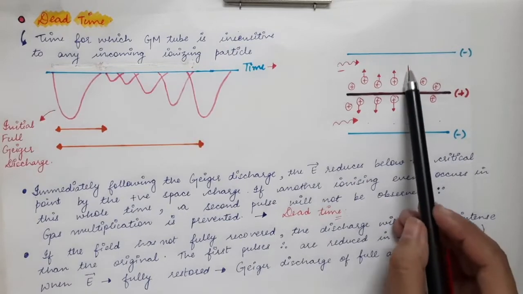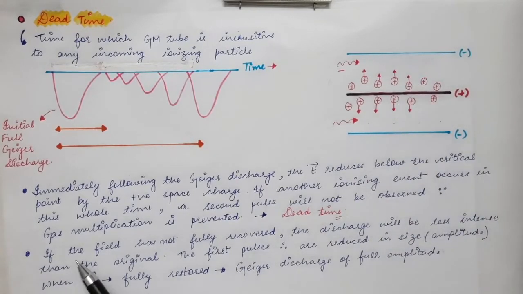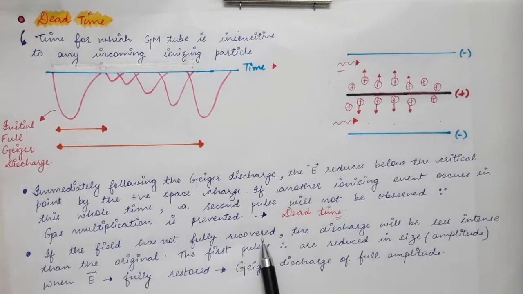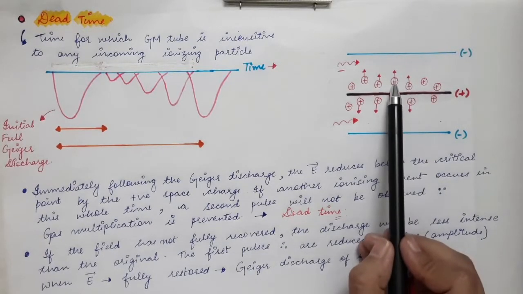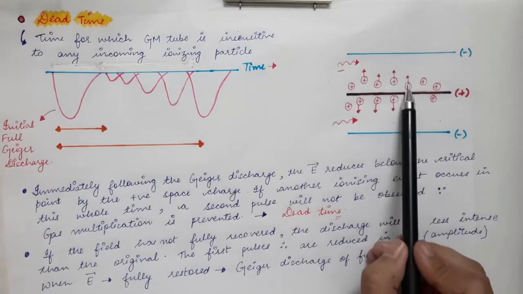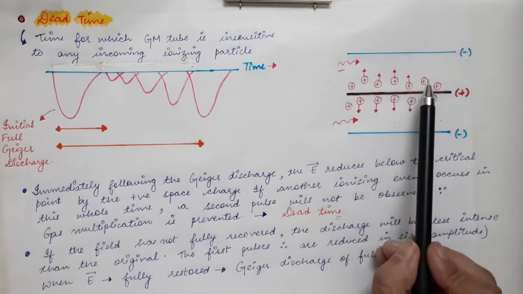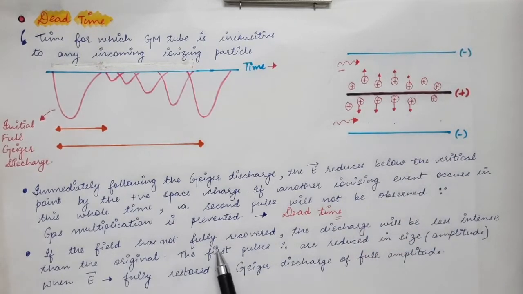Now as these positive ions are moving towards the cathode, if the electric field has not fully recovered, the electric field is increasing but it has not fully recovered yet. In that case, the discharge will be less intense.